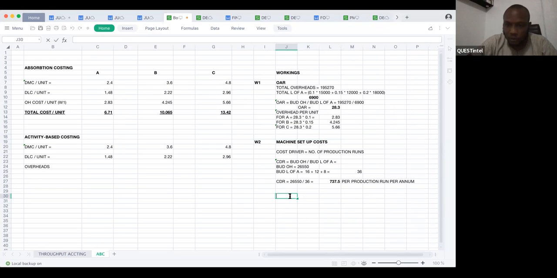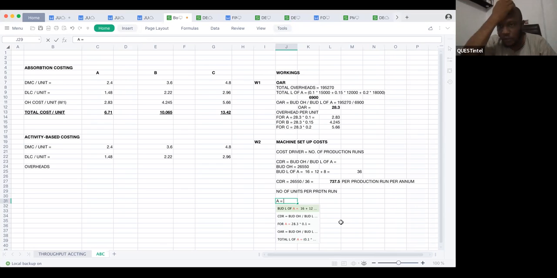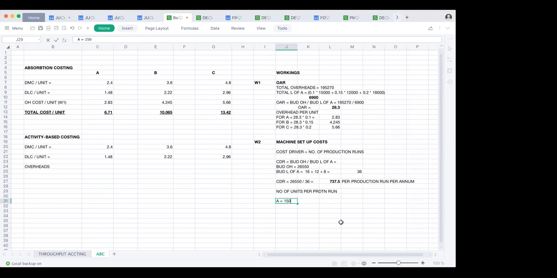So the next thing we're going to do now is to say, what's the number of units per production run? So how many units do we have in each production run? So for A, how many units are A? 16. No, the number of units was 15,000, right? Yes. So 15,000 divided by 60.